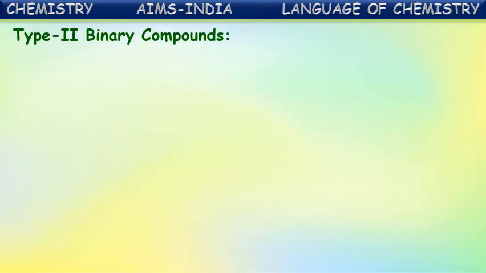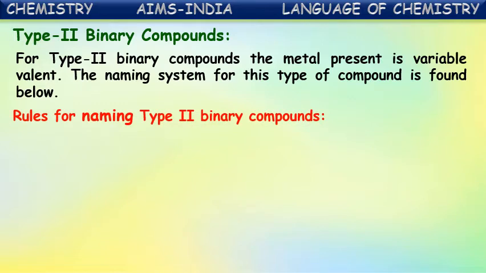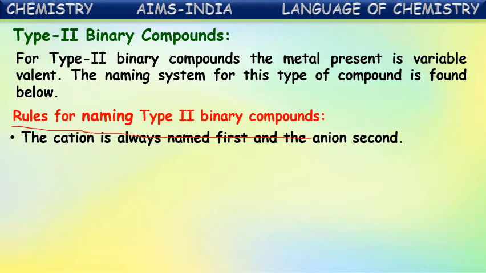Let us see the next one, type 2 binary compounds. For type 2 binary compounds, the metal present is variable valent, meaning it shows more than one valency. The naming system for this type of compound is found below. Rules for naming type 2 binary compounds. See here. The first one: the cation is always named first and the anion is second.